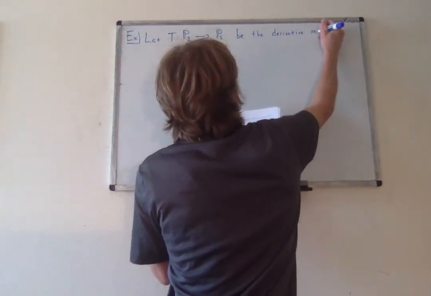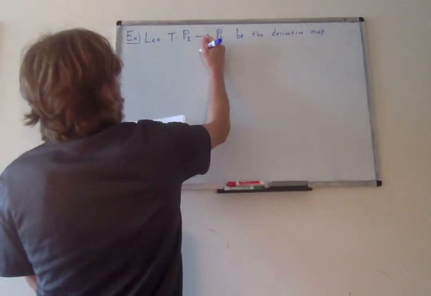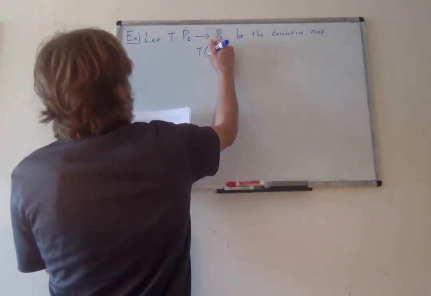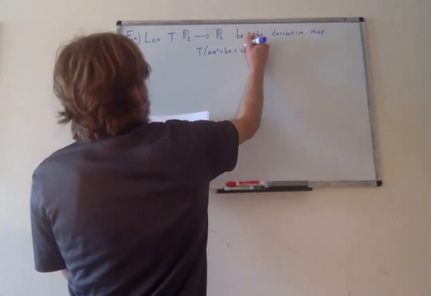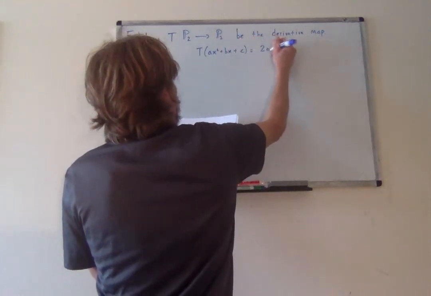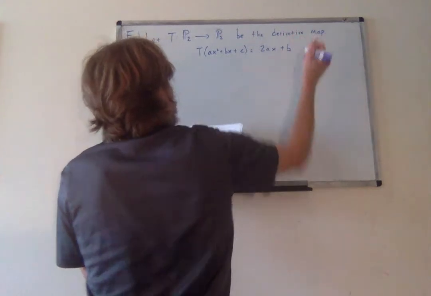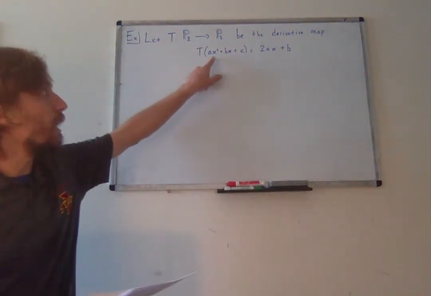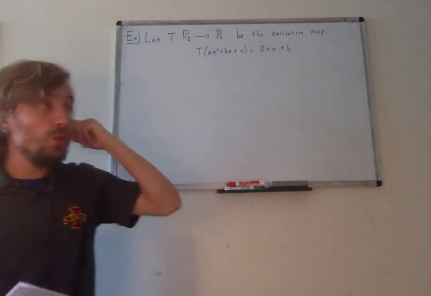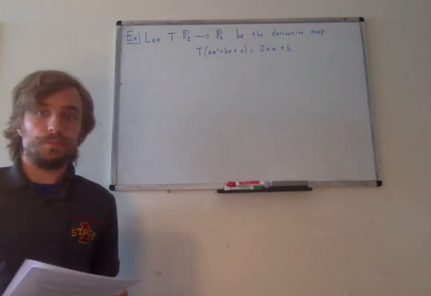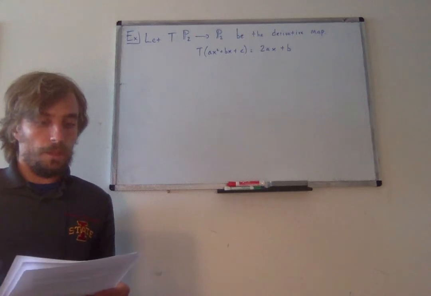Because we have the power rule for derivatives applied to polynomials, we can define this in a well-defined way as taking the polynomial ax squared plus bx plus c and sending it to the polynomial 2ax plus b.